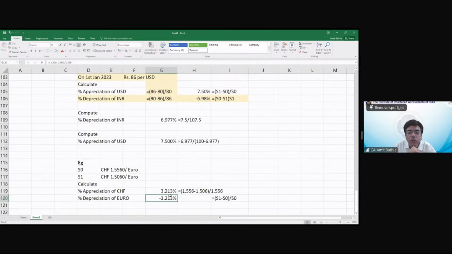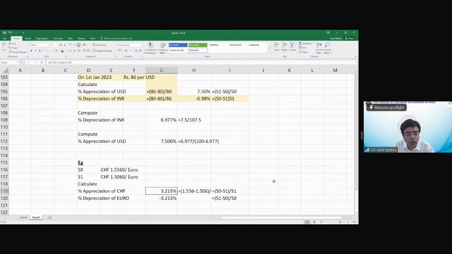No. So the appreciation might be wrong. 1.5060 divided by 1.5060. S0 minus S1, divided by S1.